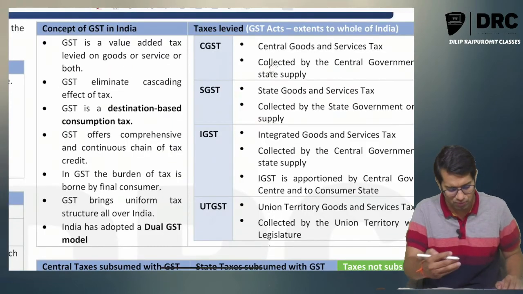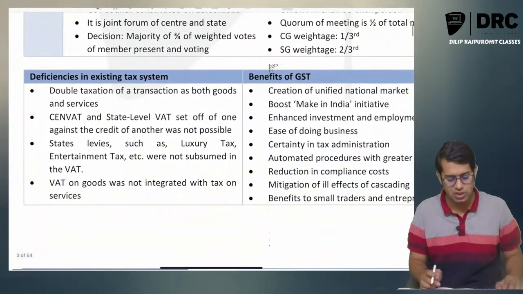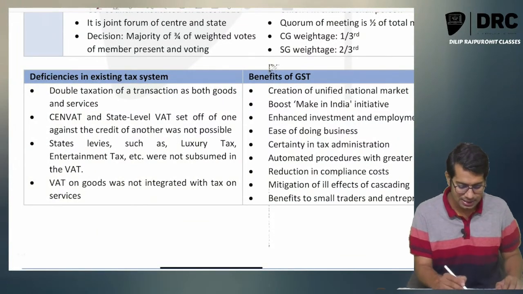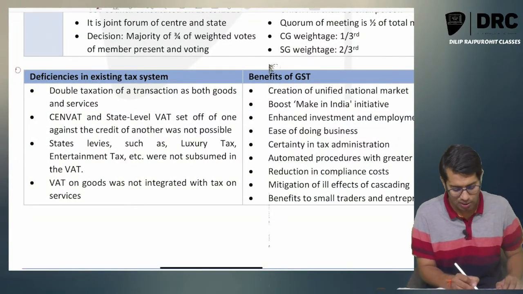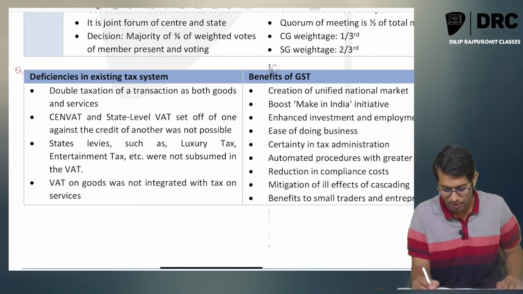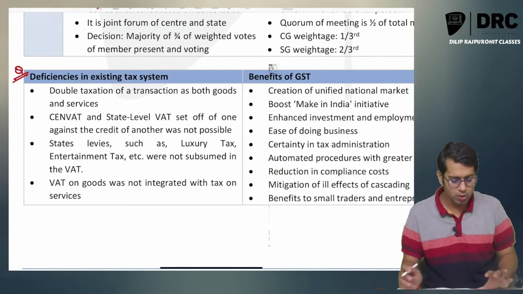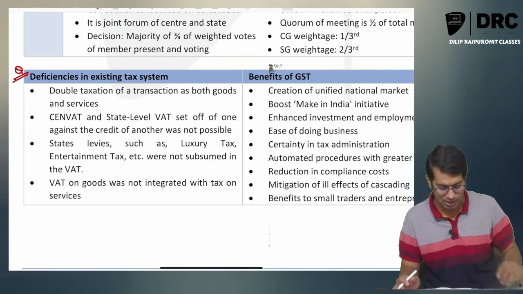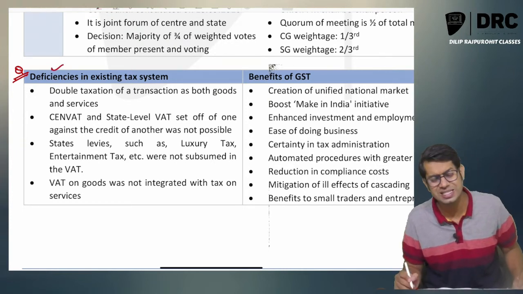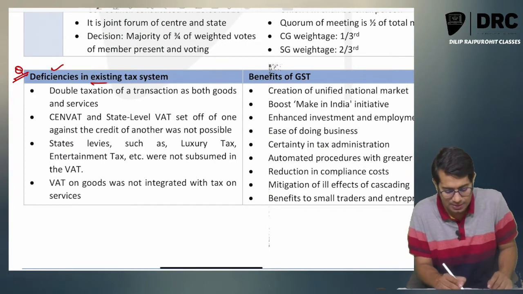Okay, so now let us see what the material is talking about. What are the deficiencies in the existing indirect tax system? There was a question asked once on this particular topic. Now a question on this topic can be asked in 2 different ways. What are the deficiencies in the existing indirect tax system?